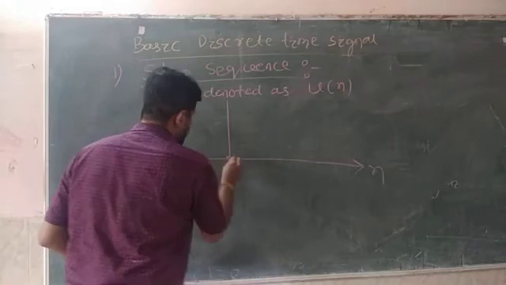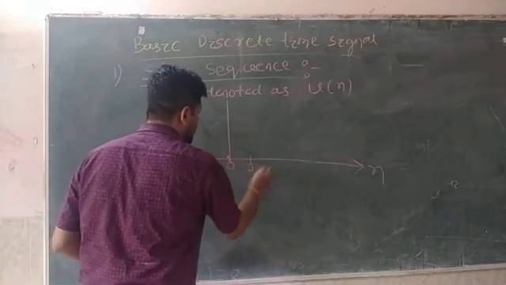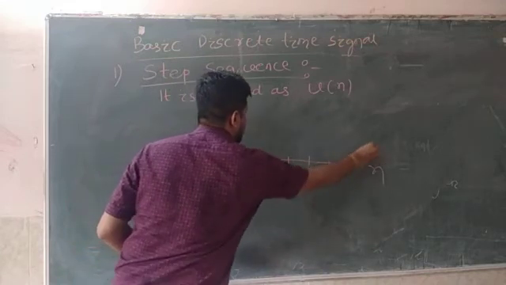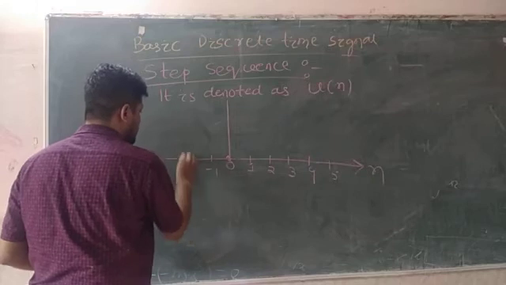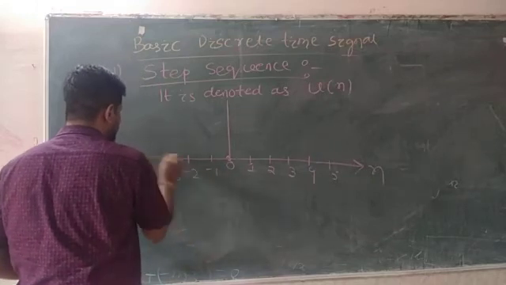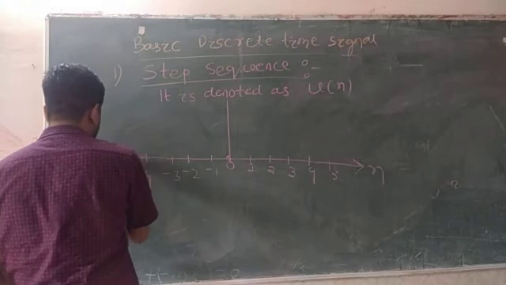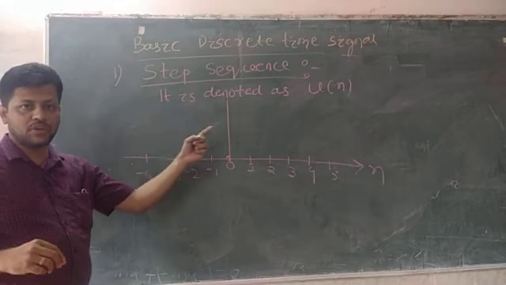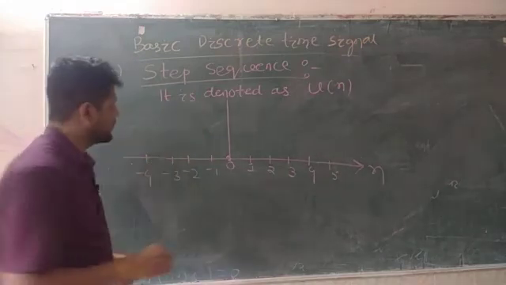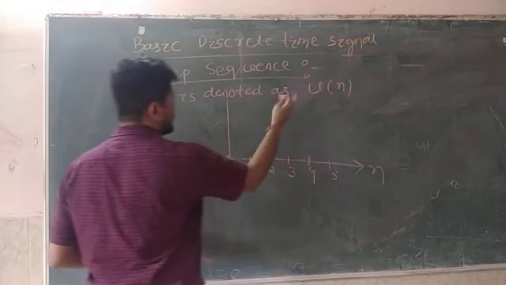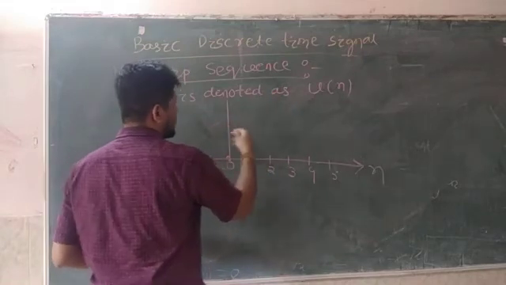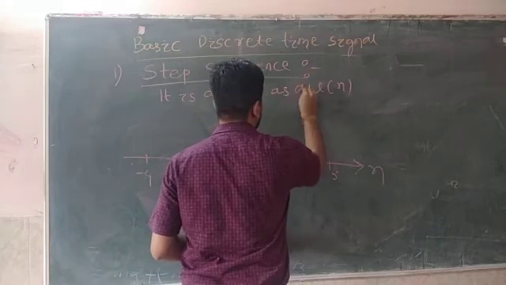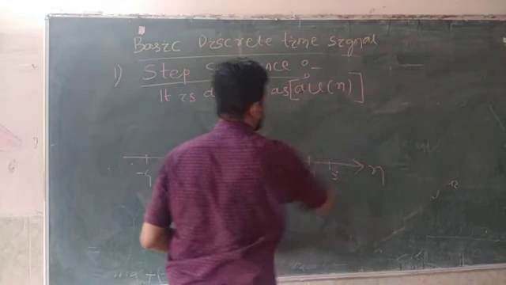So integer means the origin is 0, then we have 1, 2, 3, 4, 5 like that. Similarly here we have minus 1, minus 2, minus 3, minus 4 like that. This is the representation of time. Now how do we represent the amplitude? What does this step signal signify? Suppose the step signal is denoted as U of n, and suppose I define a signal A of un.